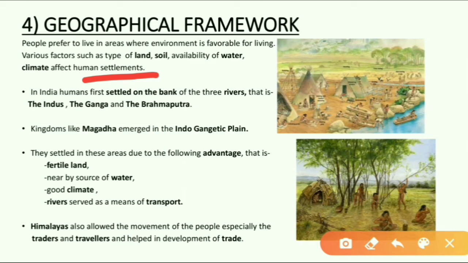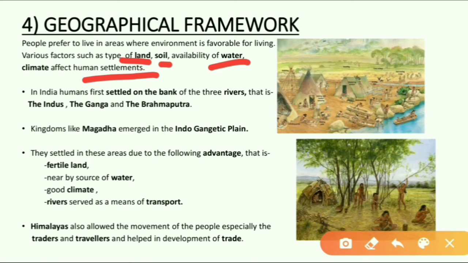They lived in groups wherever they found all these resources, because a good type of land helps them to build their houses, and the soil helps the people of ancient times to cultivate crops. The availability of water means they could use it for agriculture or for their daily consumption.